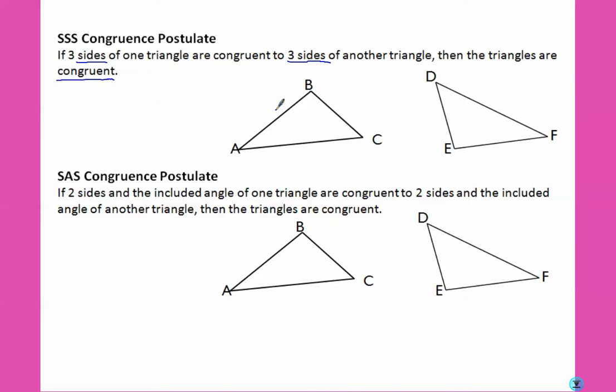So if AB is congruent to DE and BC is congruent to EF and AC is congruent to DF, since each side here is congruent to a side here, those are congruent triangles. The reason it's SSS is because it's abbreviated for side, side, side.